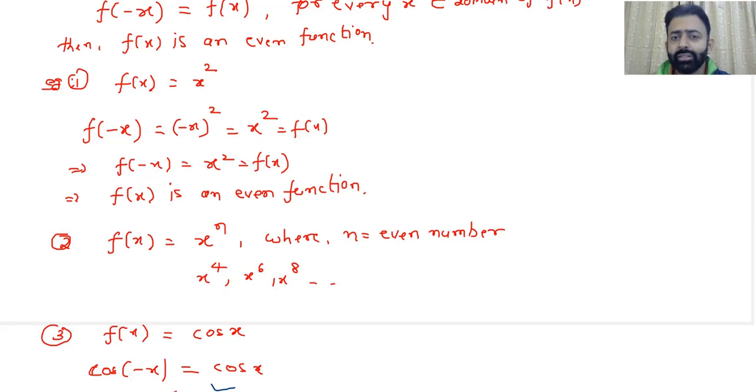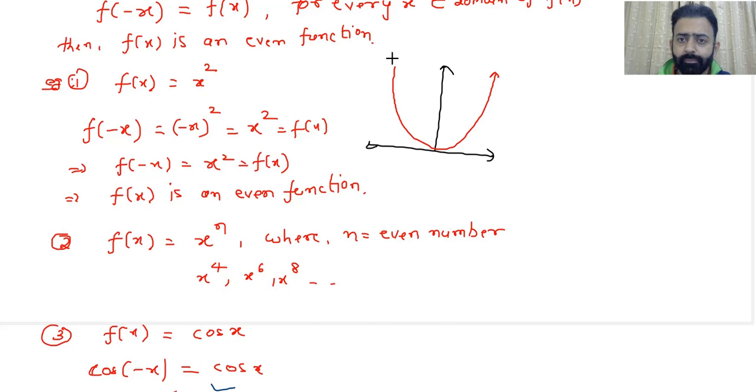even function, which is very interesting, is through the graphs of even functions. If I take example 1, this is our quadratic function, which is in fact a parabola. This will be a u-shaped curve.